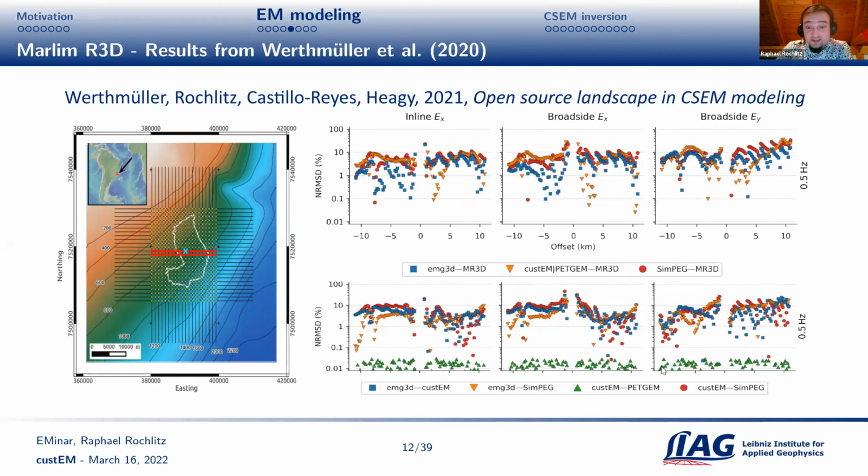As you see, the misfit is less than 0.1% between our codes, and this is due to the fact that we used the same discretization. So if our implementation of a numerical method is correct, it comes down to discretization, and if we have the same discretization, we get the same result with different codes.